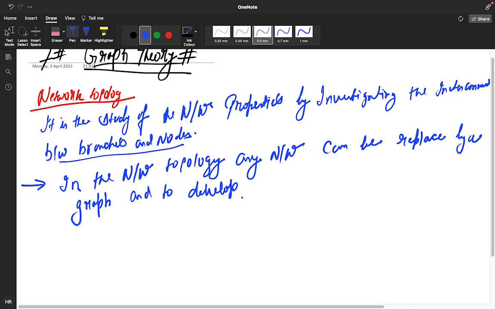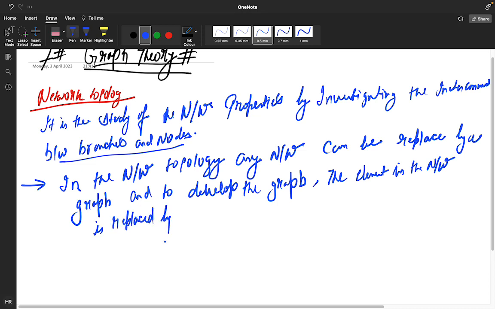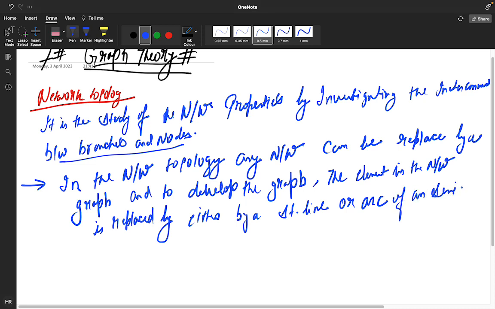Okay, so to develop the graph, the element in the network is replaced either by a straight line or an arc of a semicircle.